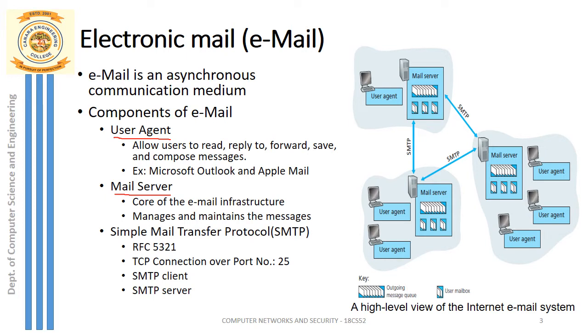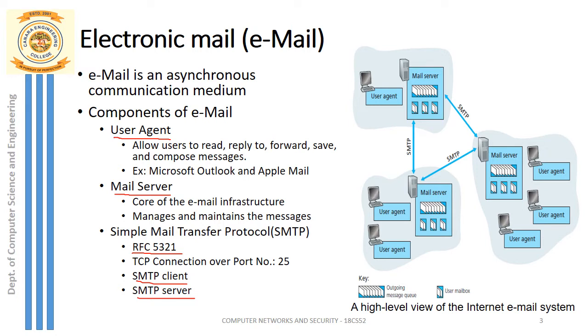And the third component of email is an application protocol called Simple Mail Transfer Protocol, or in short SMTP, which is defined under RFC 5321. Simple Mail Transfer Protocol has two components, the SMTP client and SMTP server, which is another example of a client server architecture application.